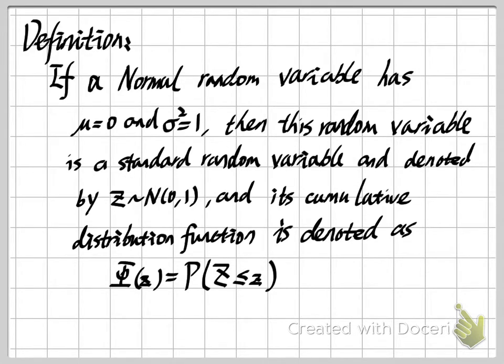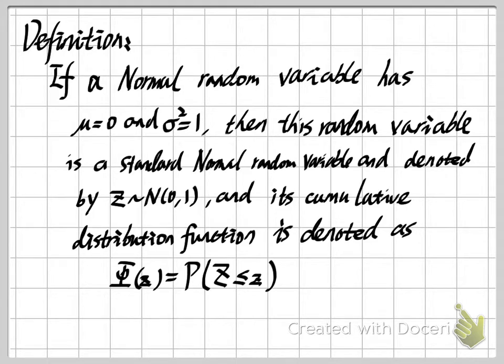So the standard normal distribution has this definition. If we have a normal random variable, and the expected value or mean of this random variable is equal to 0 and the variance of this random variable is equal to 1, then in this situation, this random variable is a standard normal random variable.